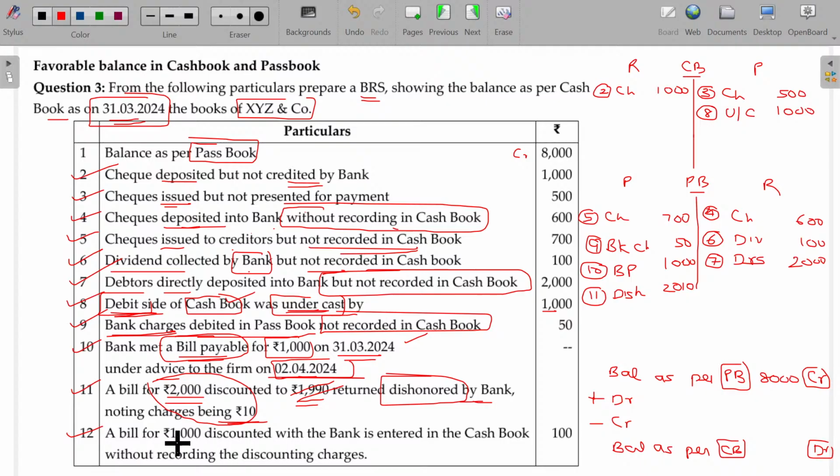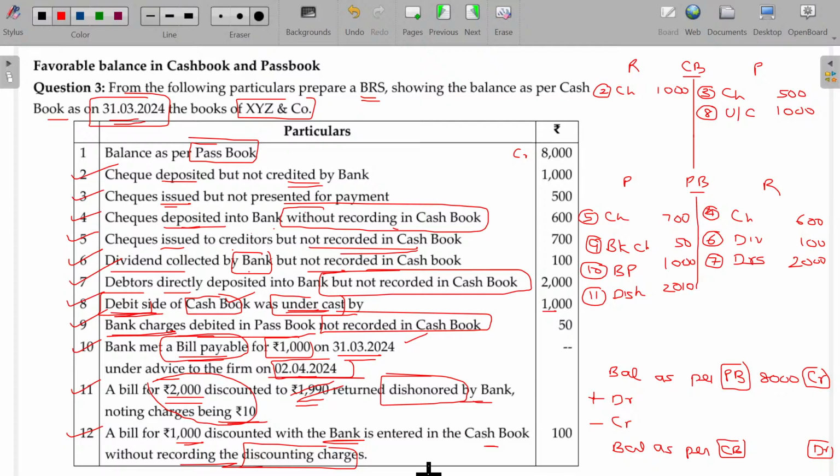And the 12th one, a bill for rupees 1000 discounted with the bank is entered in the cash book without recording the discounting charges. Come on, guess. Hope now you'll be able to understand this concept. Srimati, are you able to understand the 11th point? Now come on, guess for the 12th one.